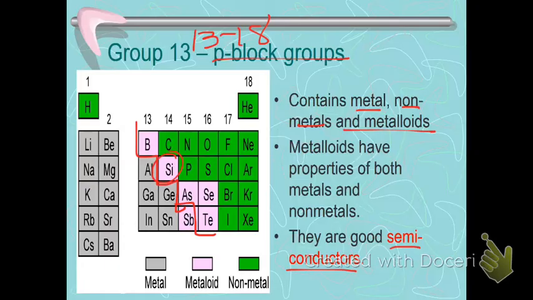If an element touches that zigzag line, with the exception of aluminum, then it is considered to be a metalloid. On the big periodic table in the classroom, that line is not there, but I believe it is on the periodic table that you use in class. So you need to know that metalloids are semiconductors, and there are only 6 of them.